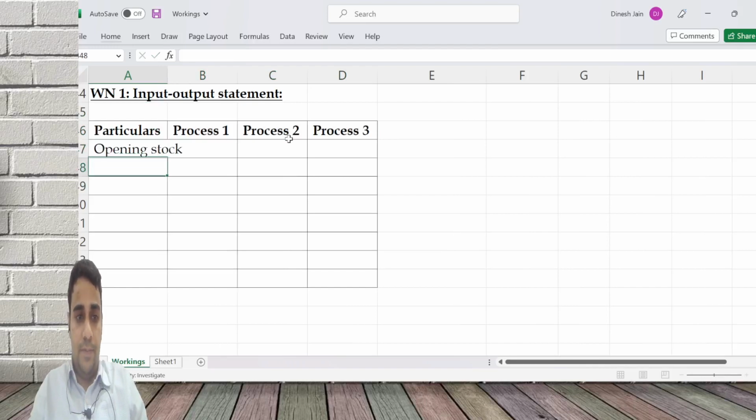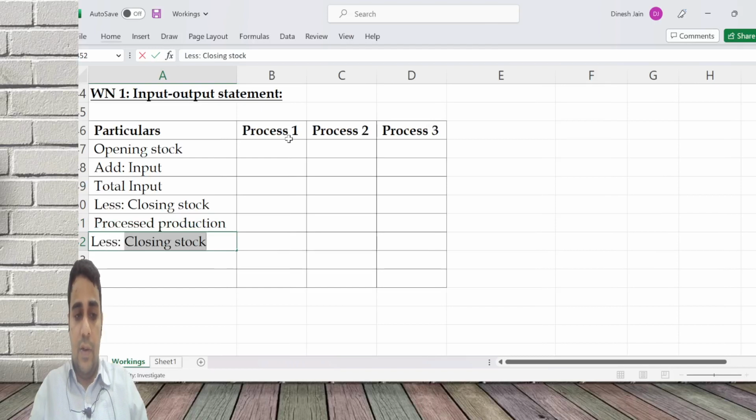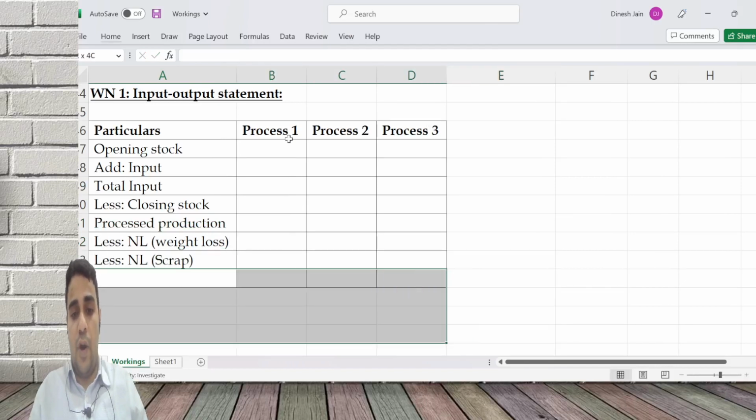Opening stock, add input, total input, less closing stock, processed production, less normal loss (weight loss), less normal loss (scrap). There are two types of normal loss.